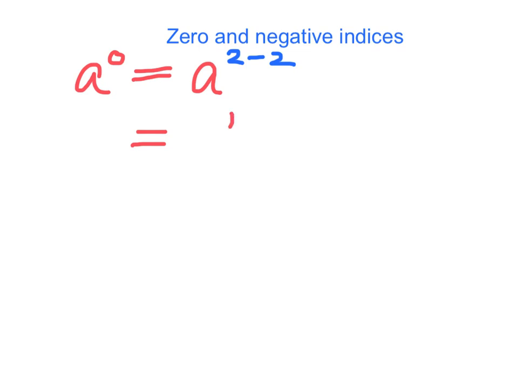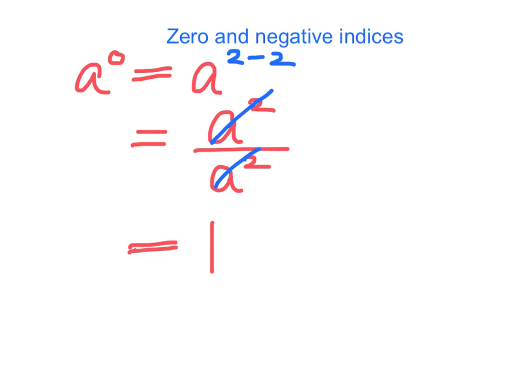So it will be a to the power 2 over a to the power 2. Agree? Very quickly you will notice that the denominator and numerator are the same, so they can be cancelled out. It gives you the result of 1. As a result, a to the power 0 gives the result of 1.